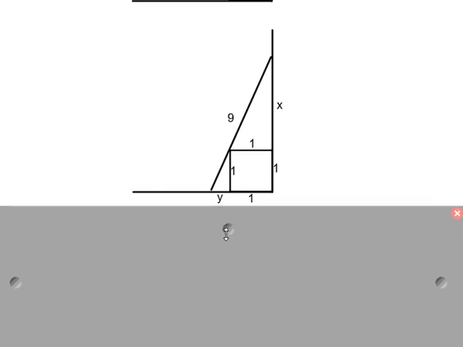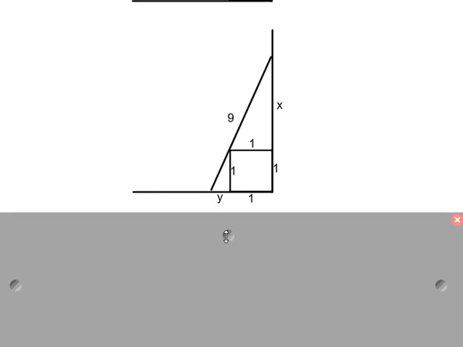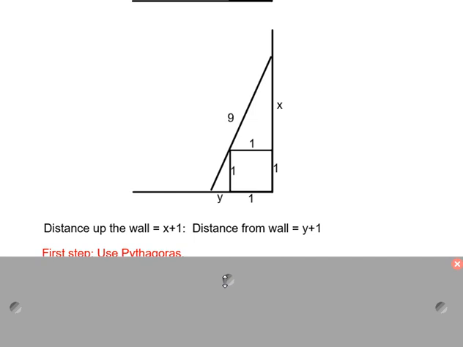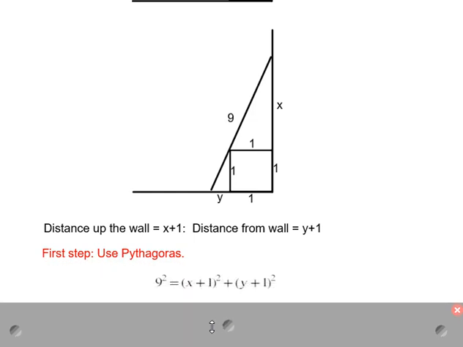The first thing I did was to redraw it a bit and put some variables in. So we've got the height from there to there is x, from here to here is y. So the ladder is 1 plus x up the wall and 1 plus y away from the wall, which is there. Now we can use Pythagoras. That was fairly straightforward, I think.